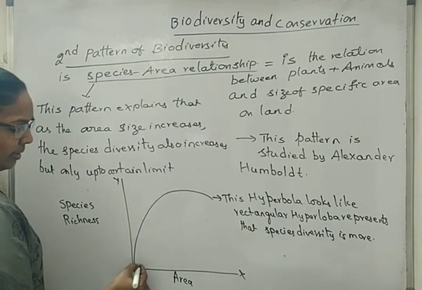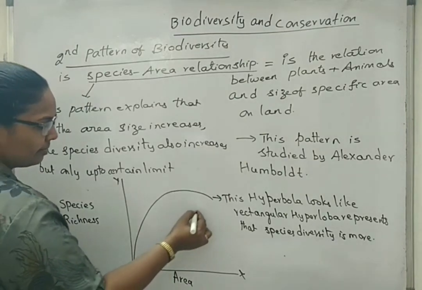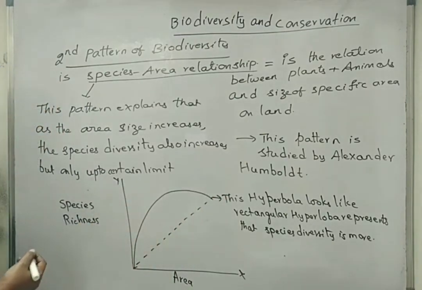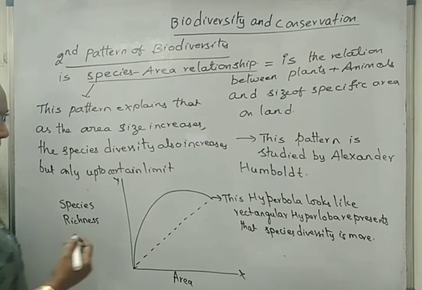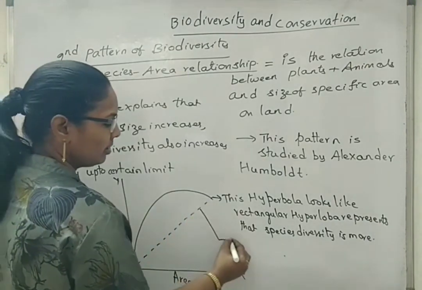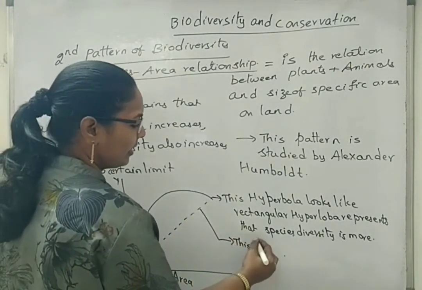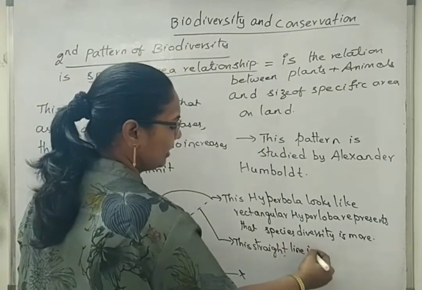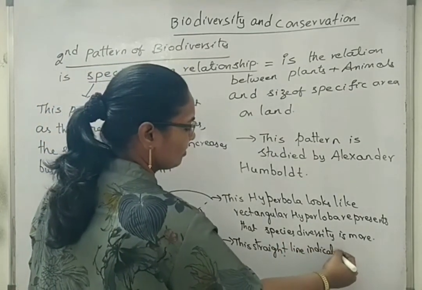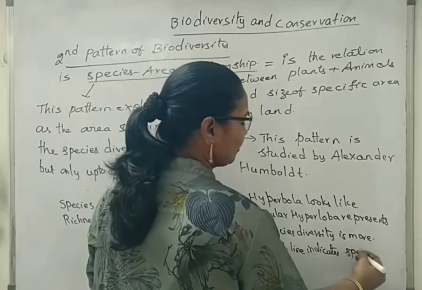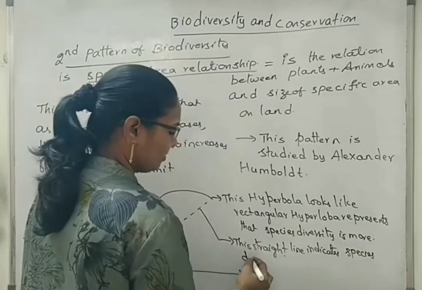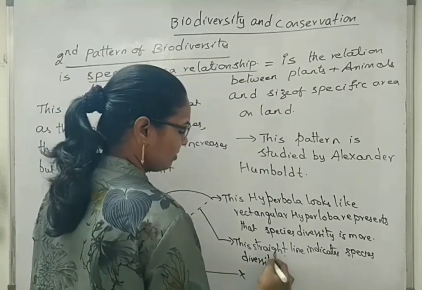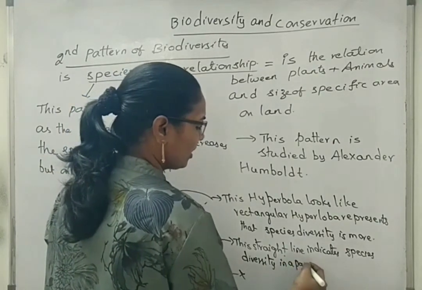If we draw an imaginary line like this, it represents the number of organisms or the species richness in one particular area. This straight line indicates species diversity in a particular or considered area.